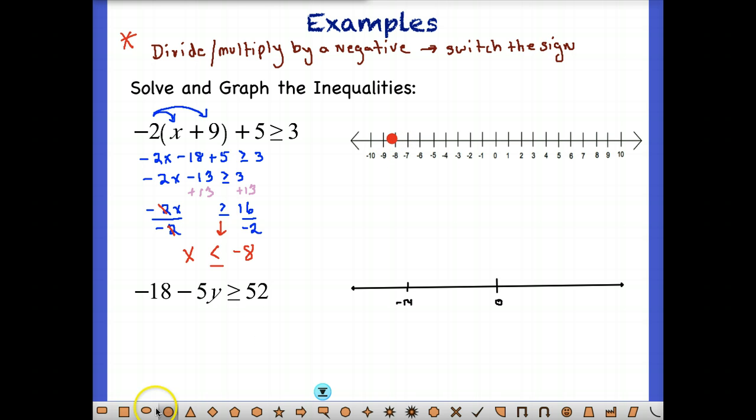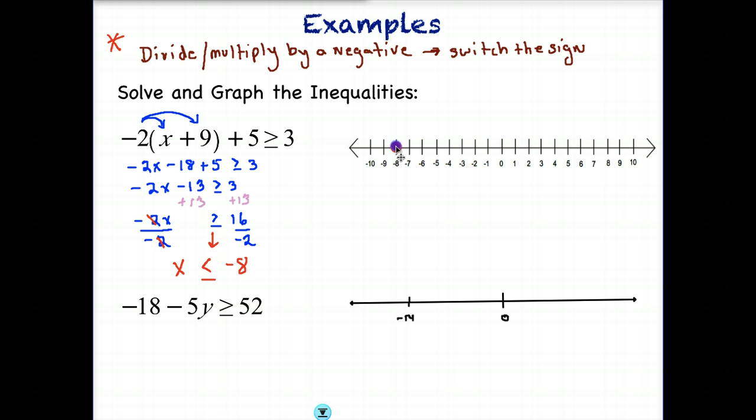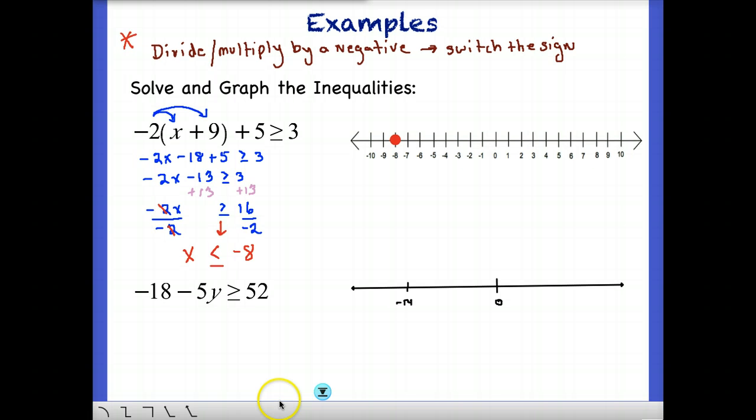And then I just need to draw a line either to the left, showing that I want solutions that are smaller than negative 8, or to the right, showing that I want solutions that are greater than negative 8. If I look at my equation, and I'm reading from the perspective of where the x is, x has to be less than or equal to negative 8. That means then that I want all numbers that are smaller than negative 8. So I would put my line to the left.